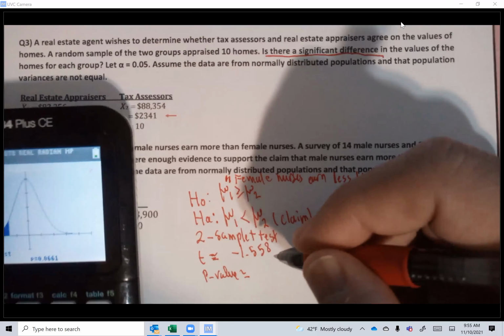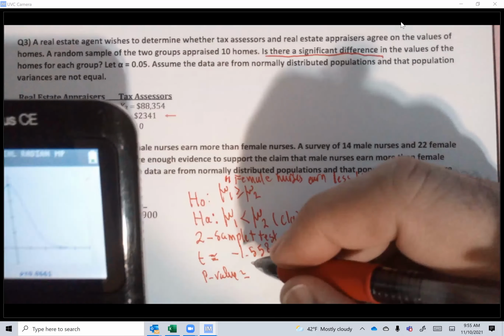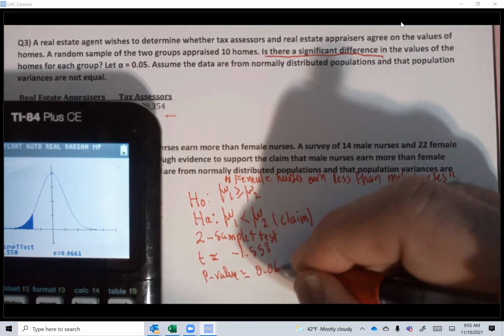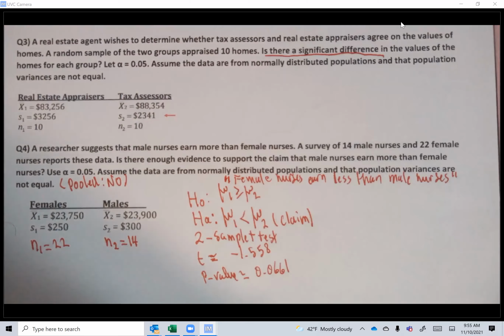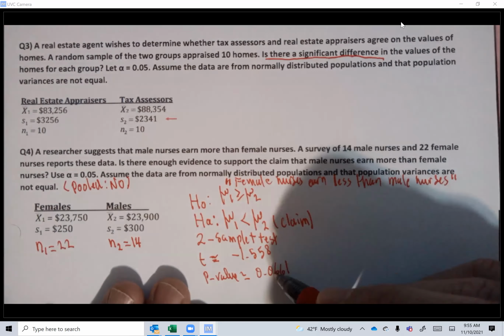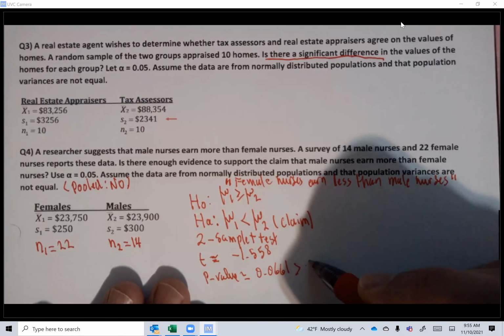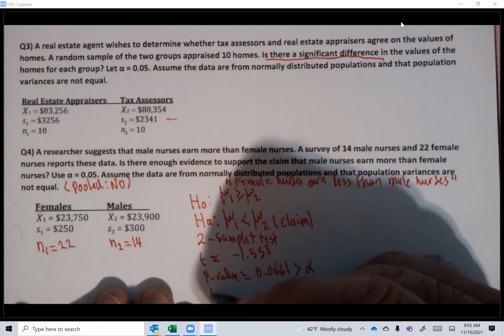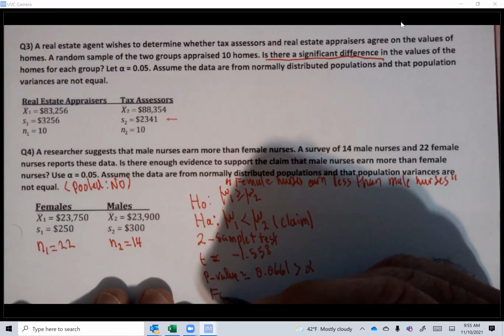And the p-value, guys, is 0.0661. And my alpha is 5%, guys. You agree with me that 0.06 is bigger than alpha. So we fail to reject HO.